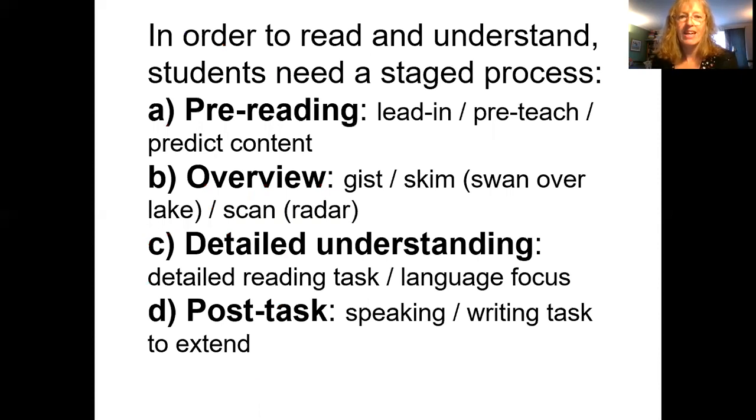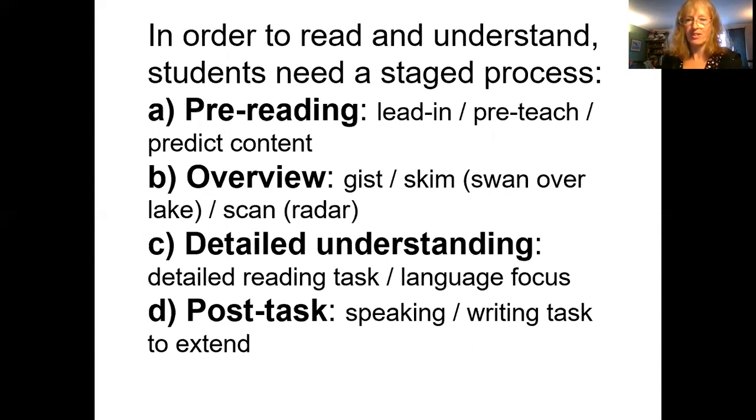So here is the general process of helping learners with literature or reading in class. We need pre-reading, something beforehand to predict or pre-teach. Then we need the overview of the text. That's a very, very quick stage. Just reading, skimming, or scanning.